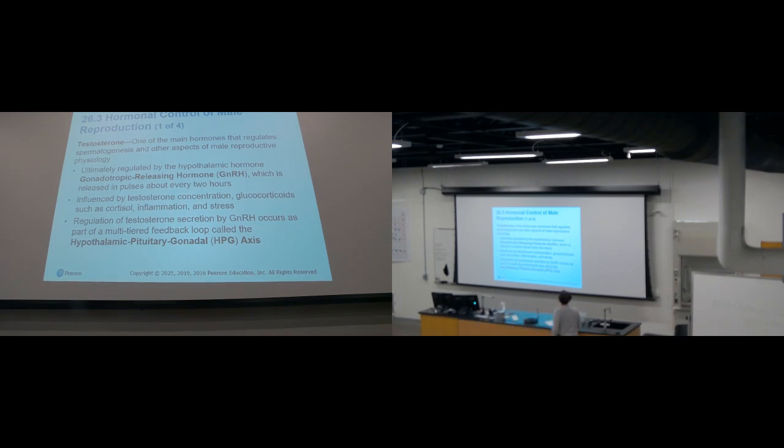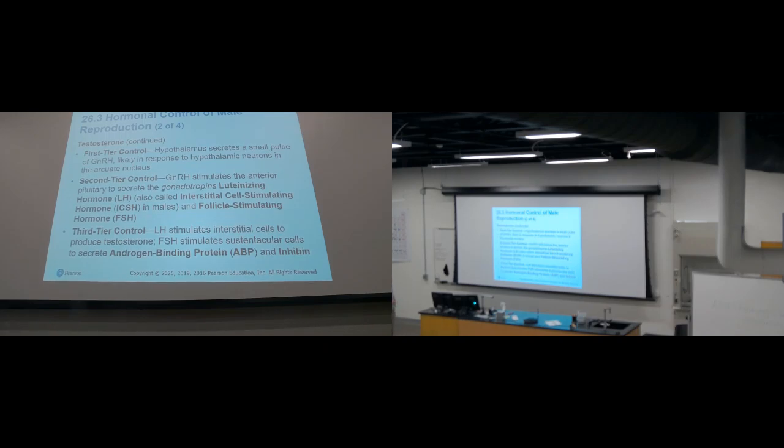GnRH stands for gonadotropin releasing hormone, and it is released in pulses every 2 hours. GnRH is basically part of a multi-tiered feedback loop called the hypothalamic pituitary gonadal axis.